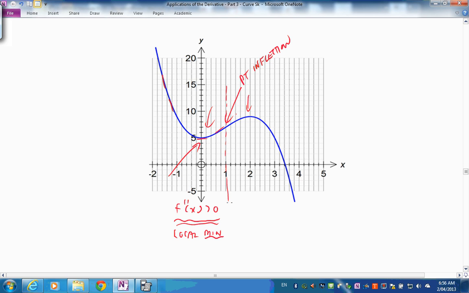And then in this region, the slope of the tangent is positive, 0, negative, and keeps going. So in this region here, the second derivative going from a positive to a negative is going to be less than naught, and that's going to be local max type behaviour around that.